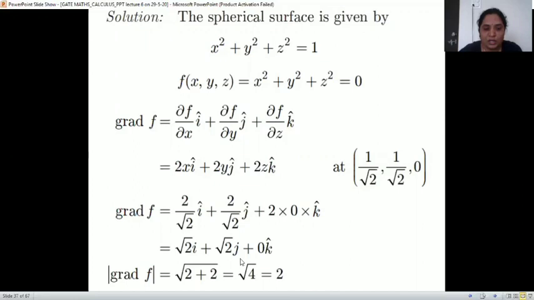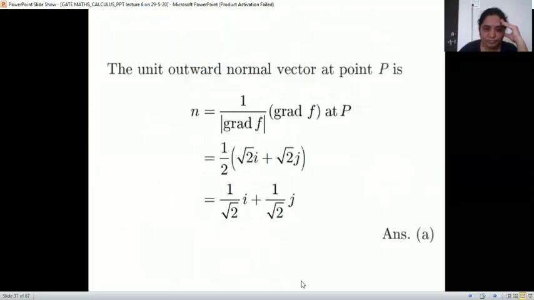Note, unit normal vector a cap is a bar upon mod a bar. We have found the normal vector, that is grad f, and then we have to find the unit normal vector. So to find the unit normal vector, we know it is del f upon mod of del f. I am finding its mod is 2.